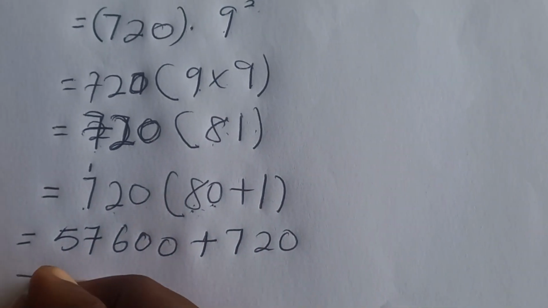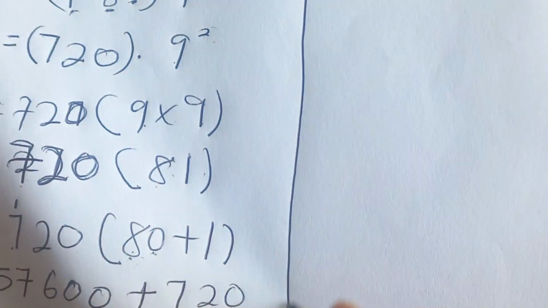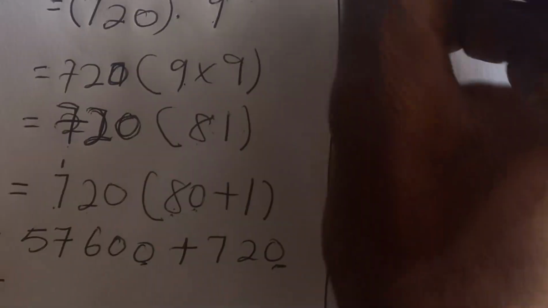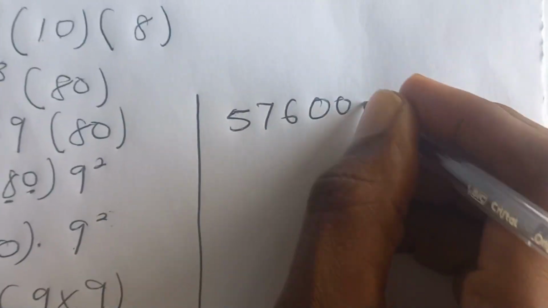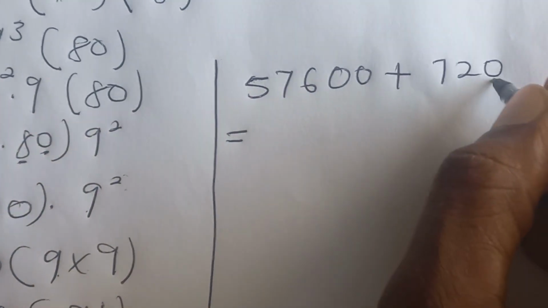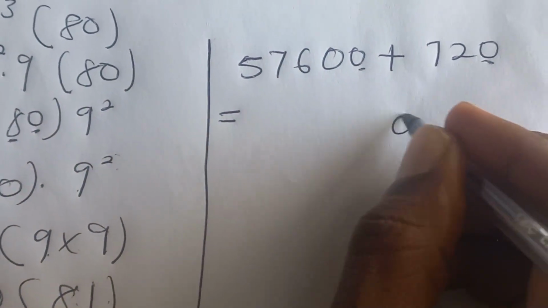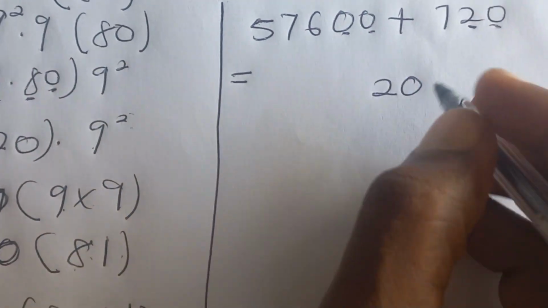Now, we need to add these two. It is 5, 7, 6, 0, 0 plus 720, which is equal to 0 plus 0, we are getting 0. 2 plus 0 is 2.